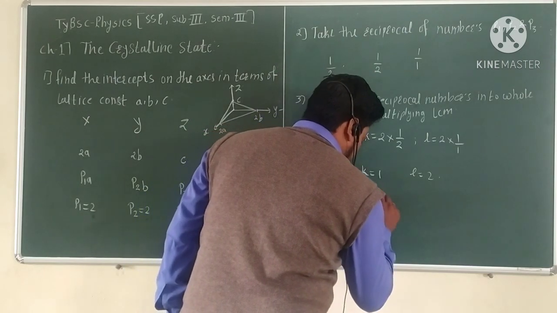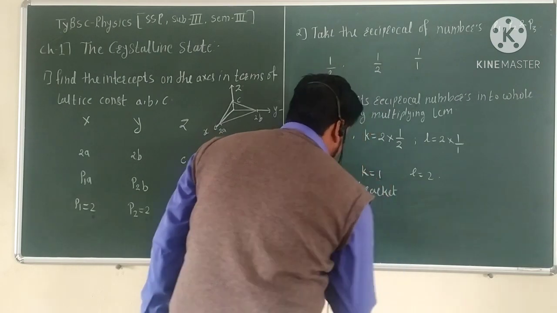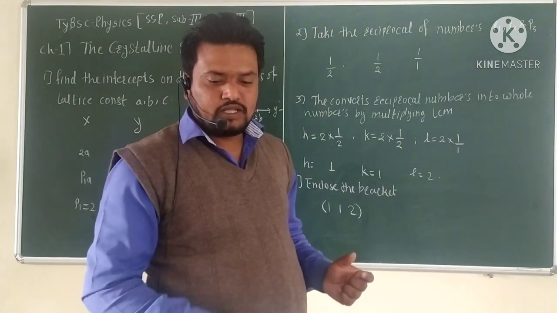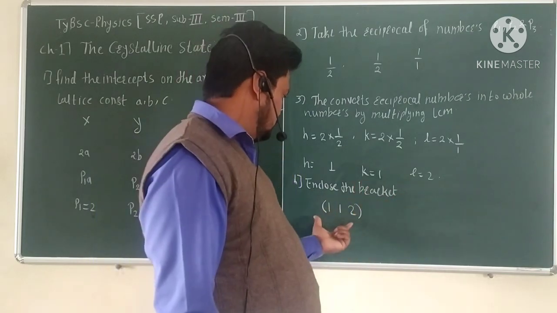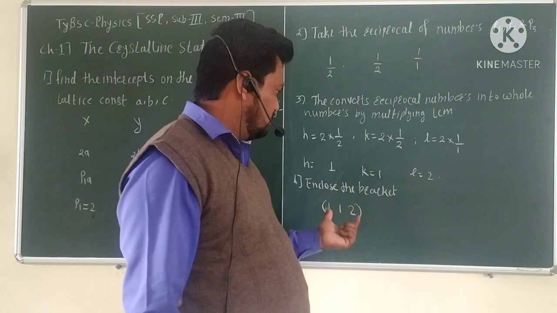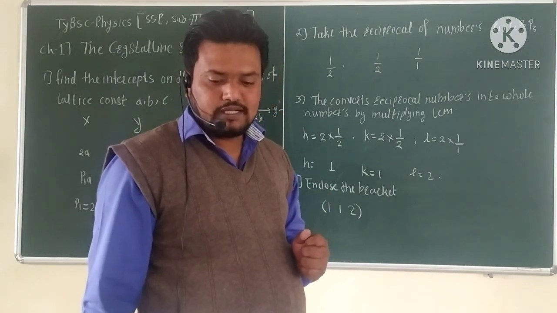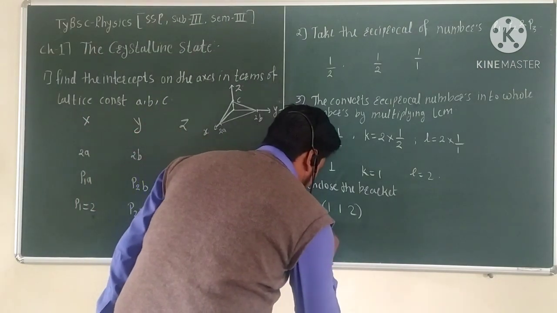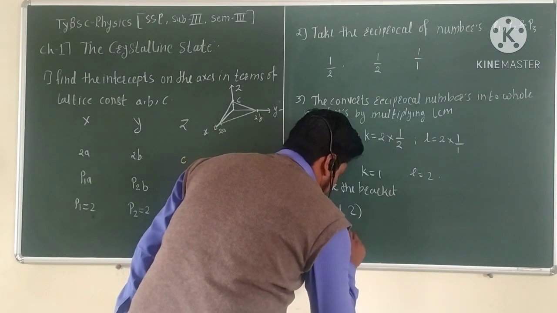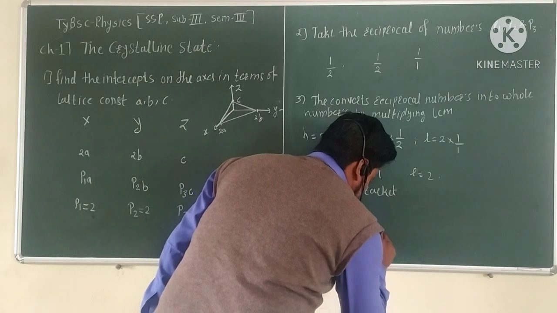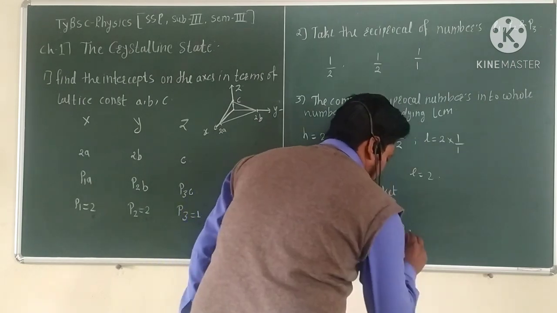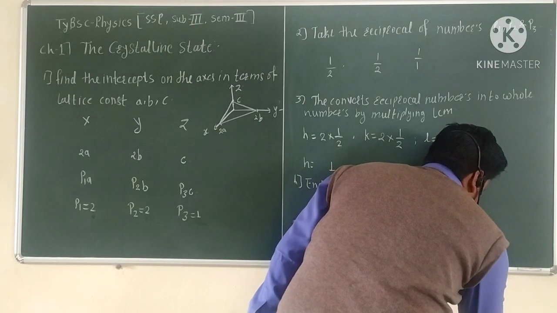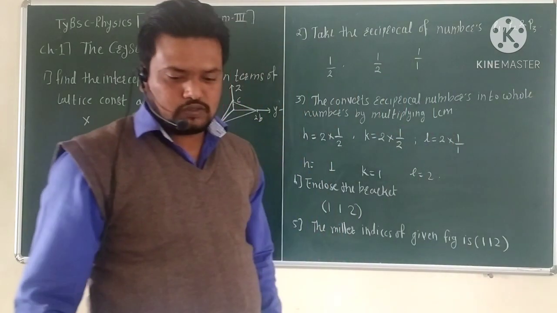Enclose the bracket, so we have (1 1 2), and this is the Miller indices of this plane. So the Miller indices of the plane shown in this figure are (112). Writing as the fifth step, the Miller indices of the given figure are (112).